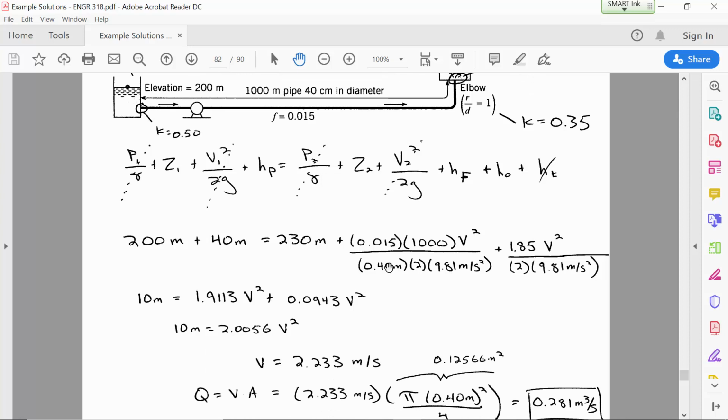And you can tell that of the two, the friction loss is a much greater drag on the flow than the local losses are, and that's why they sometimes call these local losses minor losses, is that in comparison to the magnitude of the friction loss, the local loss is a very small part of it. In this case, looks like about 4%, 5% of the losses come from the bend, the inlet, and the outlet.